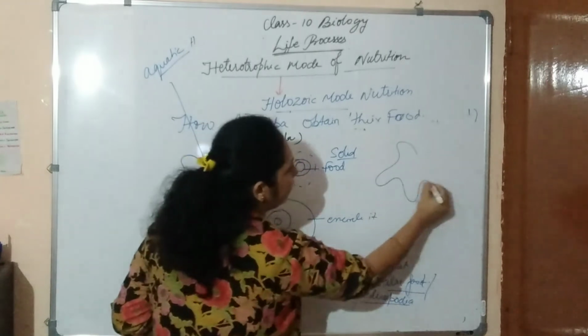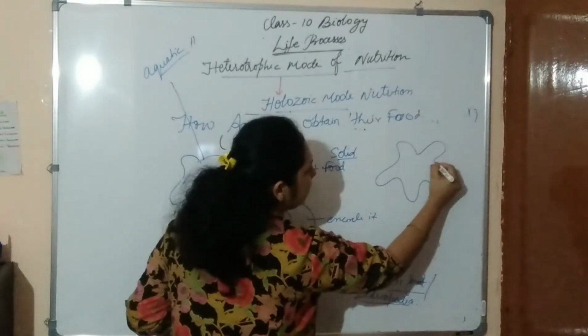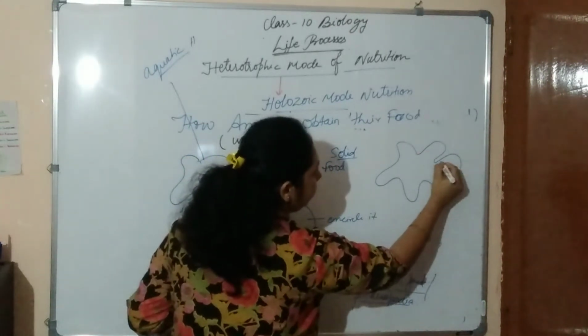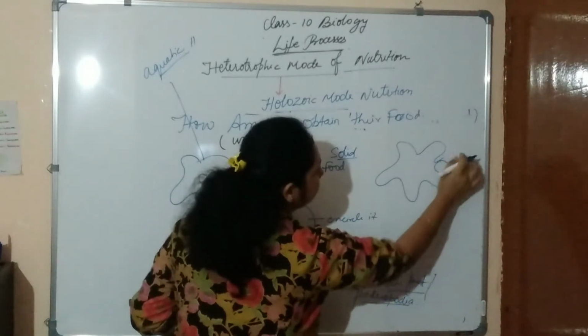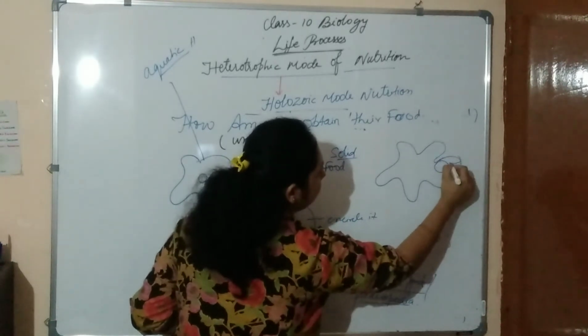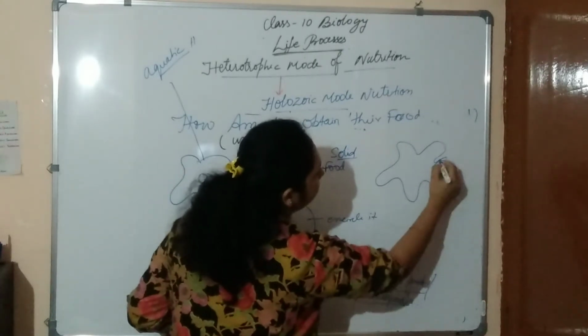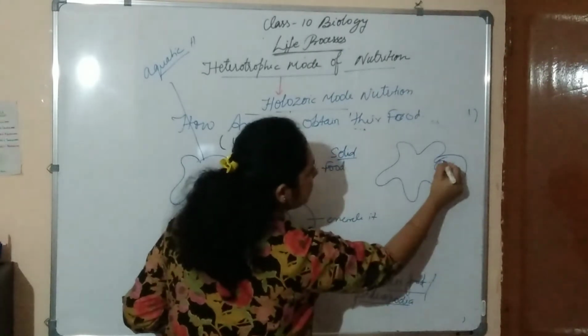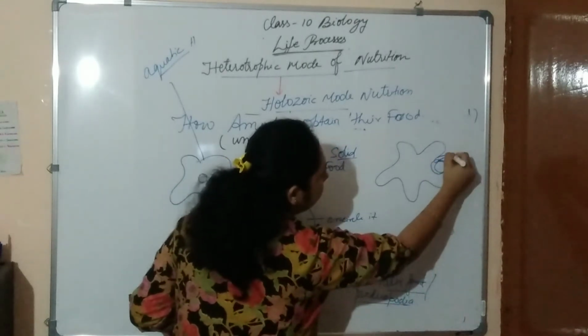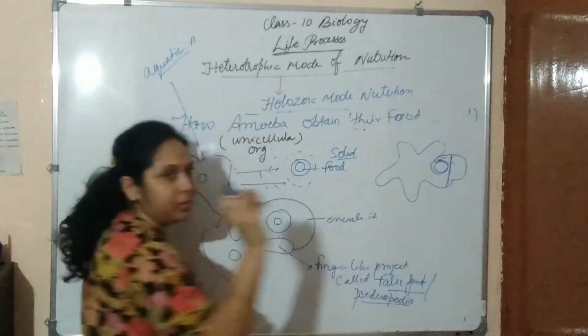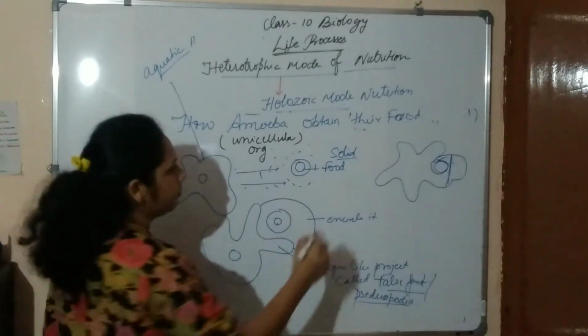Now in the third step, what happened? Now this amoeba has already taken this food inside. They encircled it. Let me draw it properly. They encircle it, and then a pinch of vesicle goes inside.